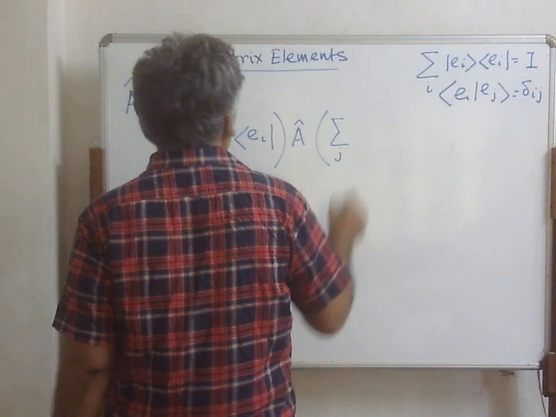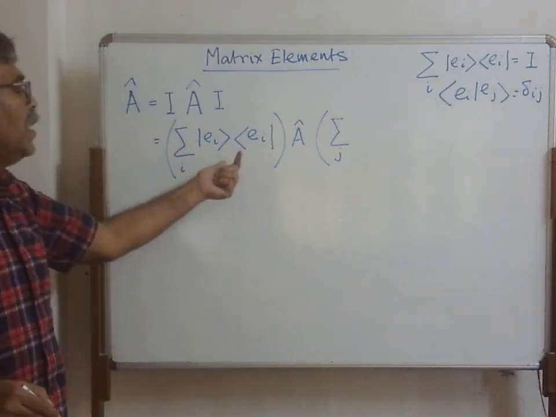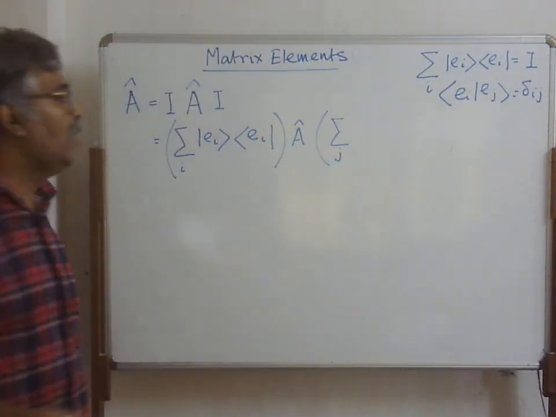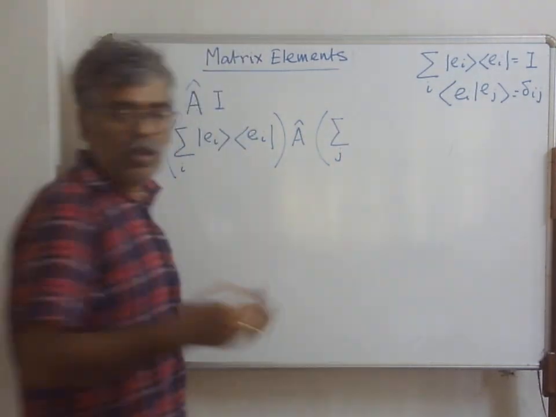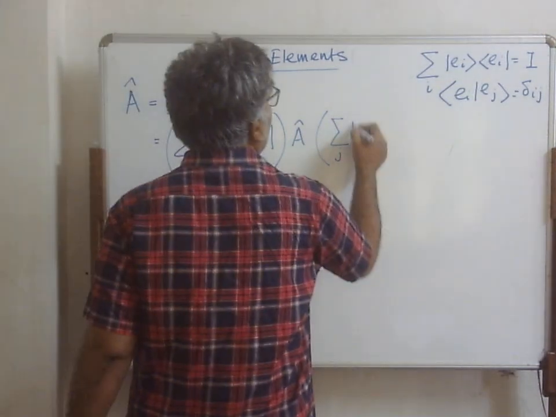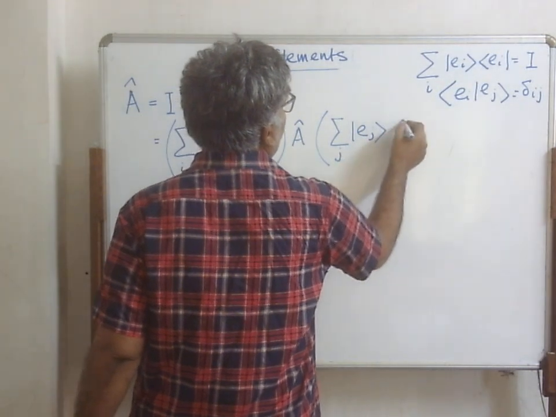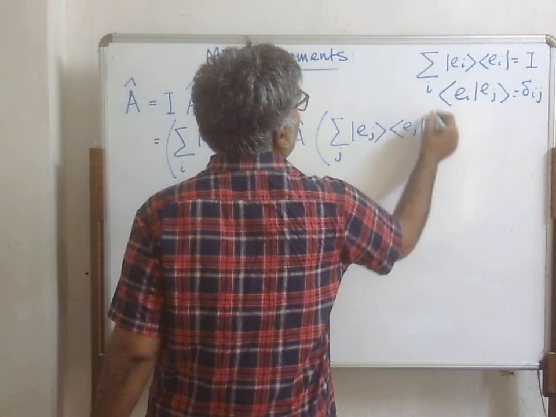Remember, when you have a dummy index i, you can't have the same dummy index repeated, so you will not get the cross term; you should take it like this, e_j. Clear?